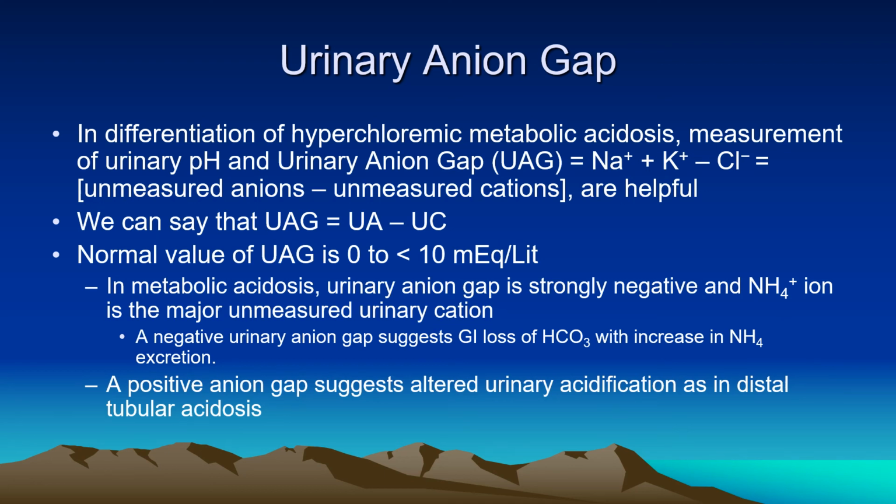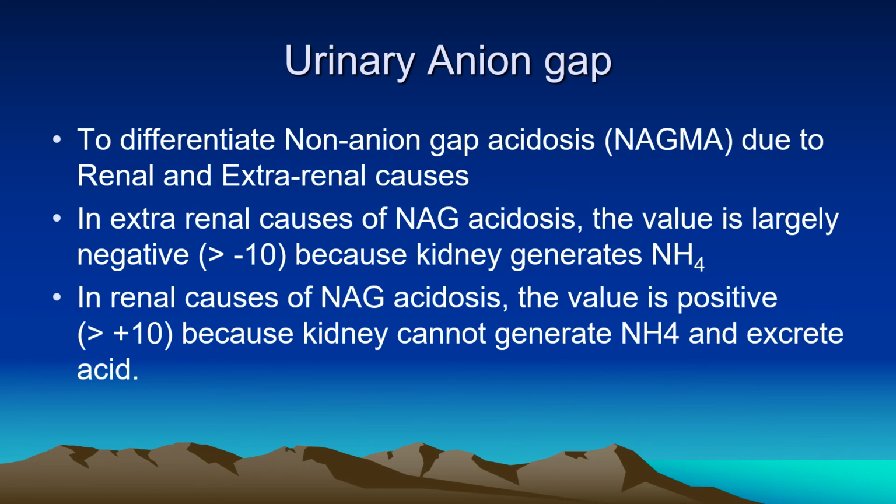In metabolic acidosis, urinary anion gap is strongly negative and ammonium ion is the major unmeasured urinary cation. A negative urinary anion gap suggests gastrointestinal loss of bicarbonate with increase in ammonium excretion. A positive anion gap suggests altered urinary acidification, as in distal tubular acidosis. This will be clearer in the next slide.